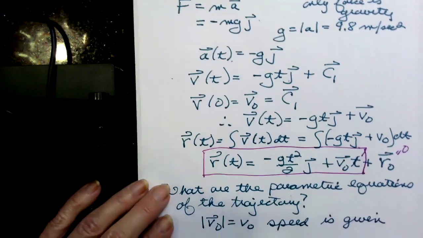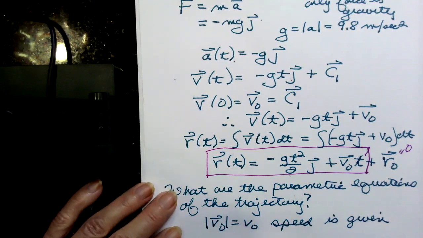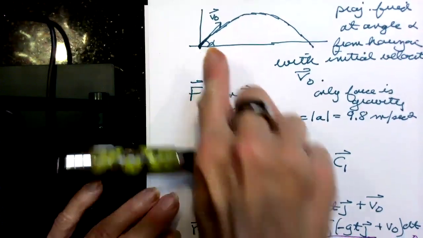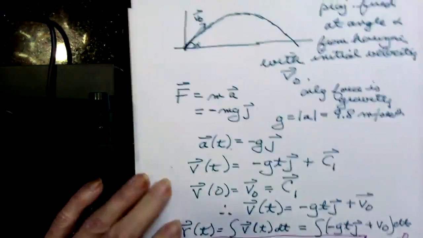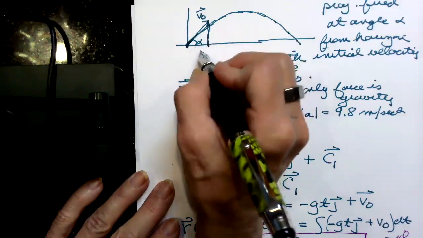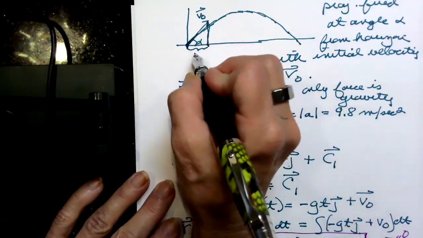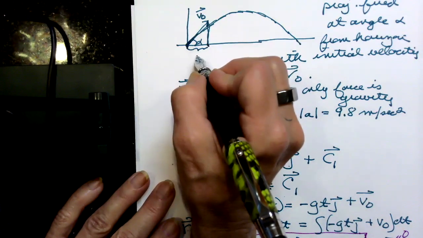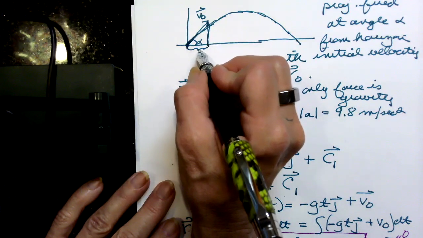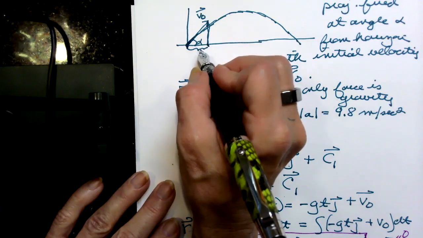And we know the vector v0, from basic trigonometry, looking at my pitiful picture, which I can't fit in here. Basic trigonometry says that the x component is going to be the length of the vector v0 times the cosine of alpha.